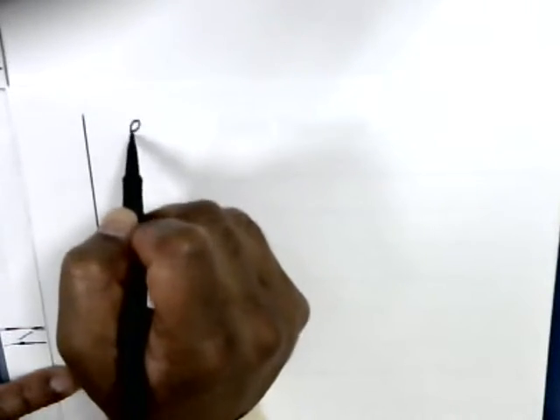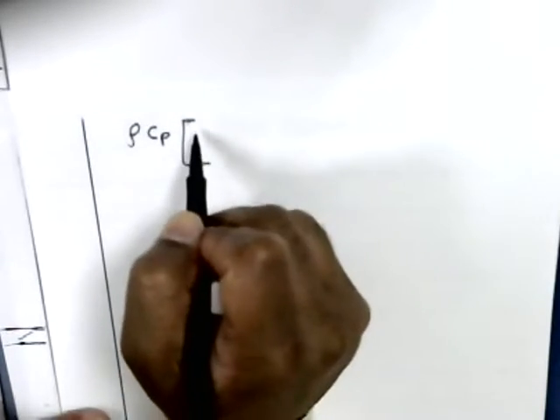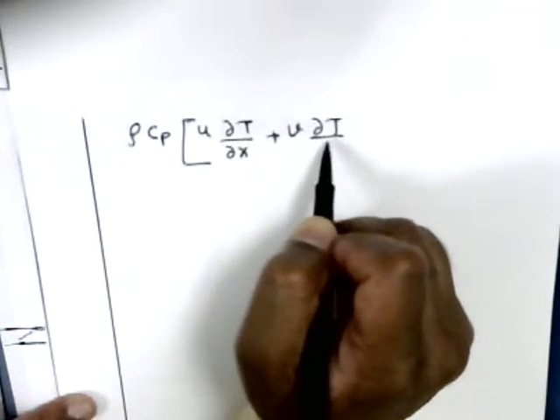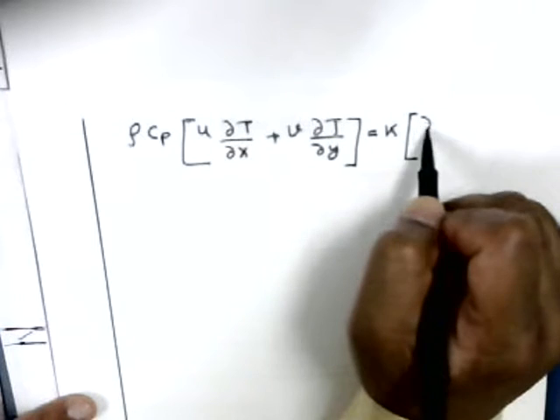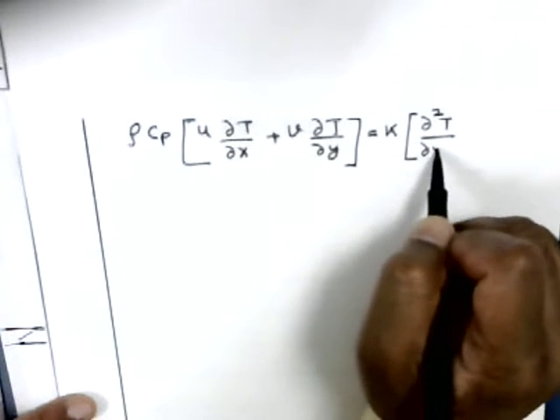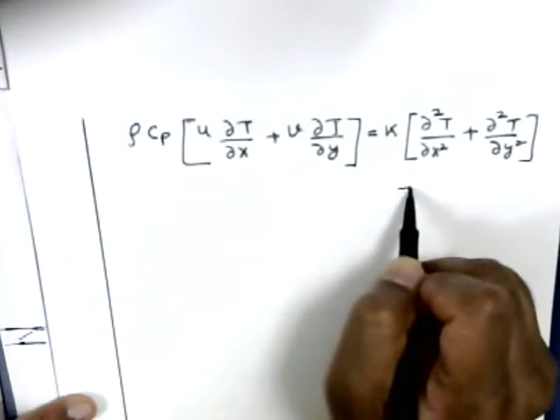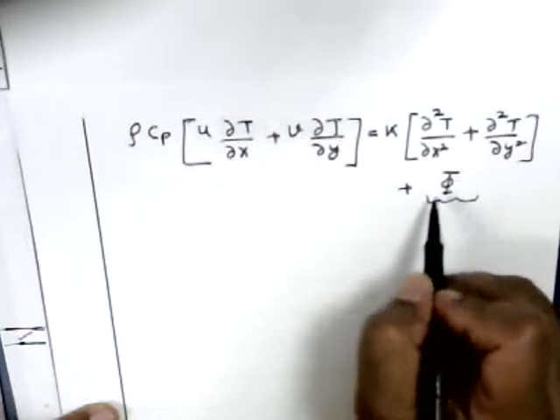when you do the balance, I'm just writing the final thing, it will be rho Cp (u del T/del x plus v del T/del y) equals k (del squared T over del x squared plus del squared T over del y squared) plus a term phi, and this term is due to viscous work.